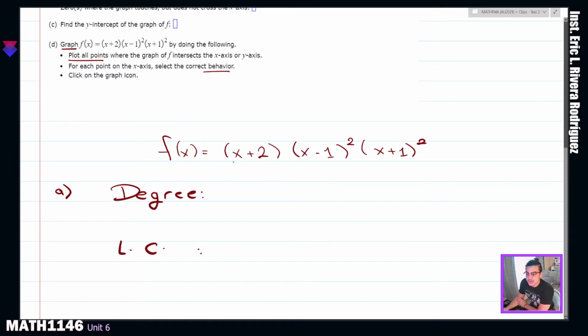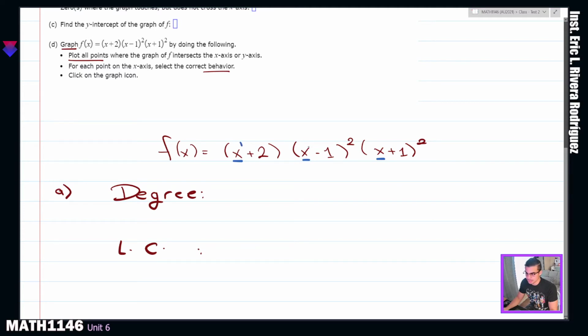I like that you are using the phrase leading term. So each of these linear factors, what we have within the parentheses, they are polynomials, right? Hence, we can identify the leading term of each of those polynomials. The leading term of each of these polynomials is linear.